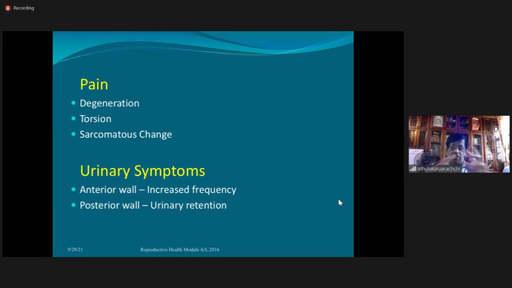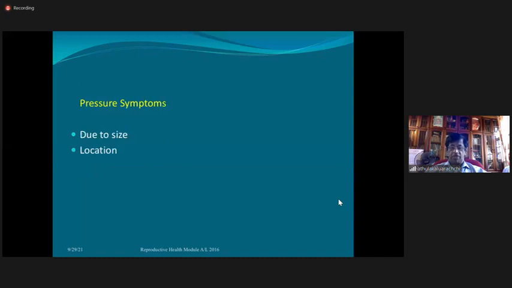I mentioned to you about urinary symptoms. If it's the anterior wall, it can cause increased frequency, and if it's the posterior wall, it can lead to other urinary symptoms. Pressure symptoms, I did mention, depend on the size of the fibroids. If they grow large, because of the size and the mechanical impact, it can cause various pressure symptoms.